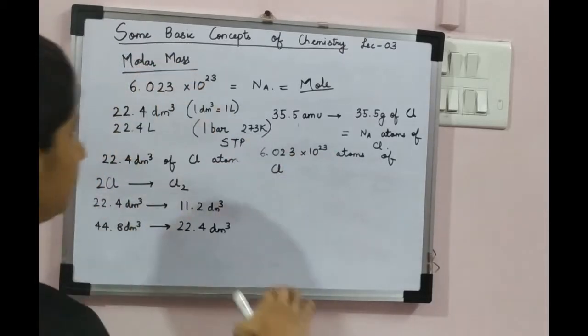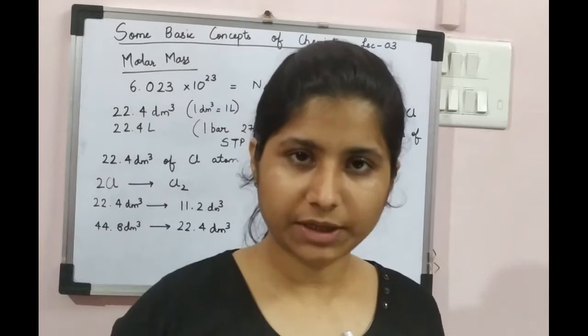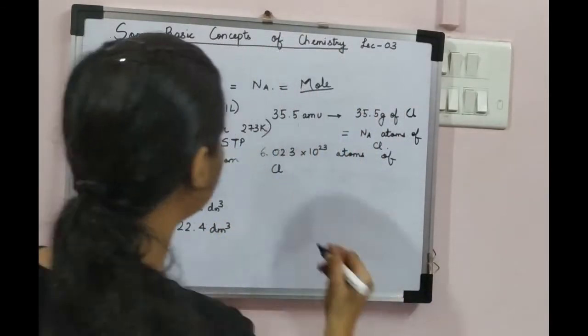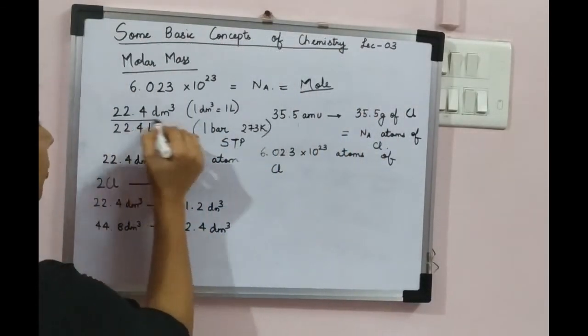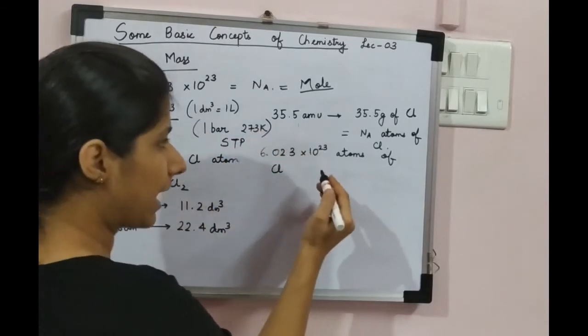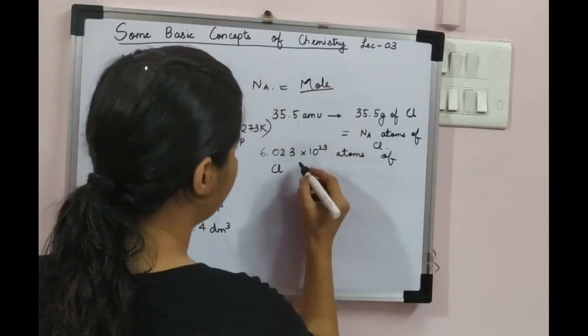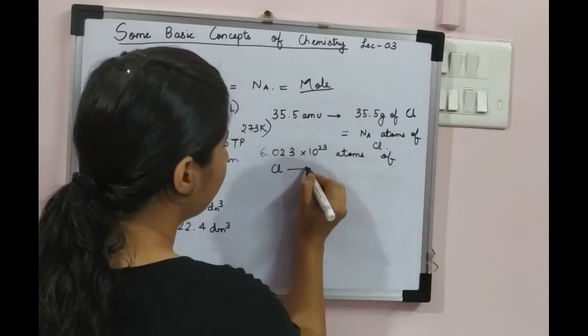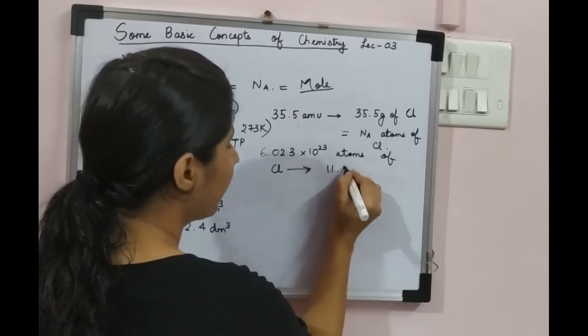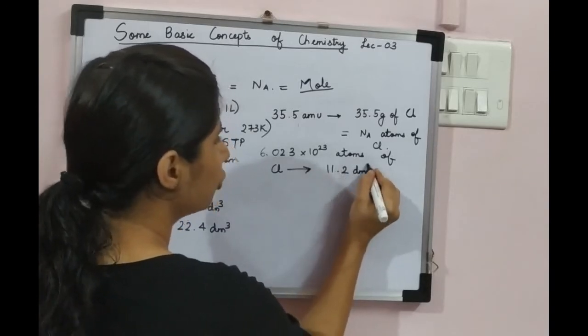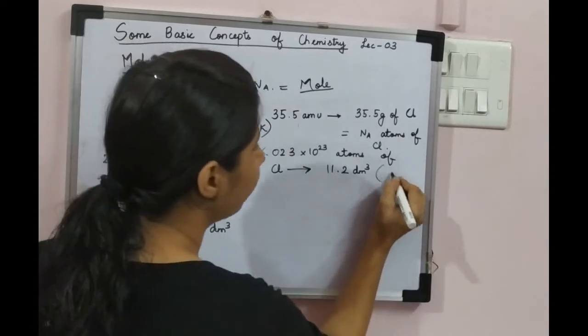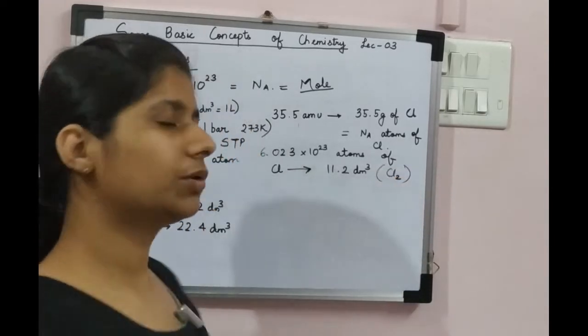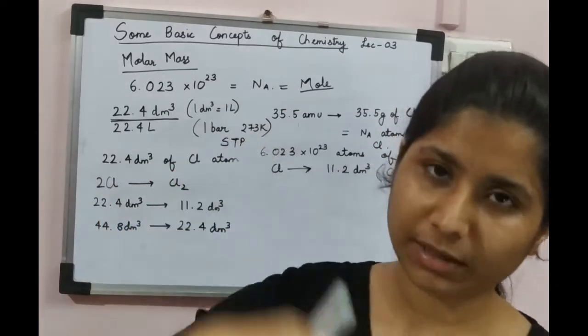This much atoms of any gas, if they do not react, would have a volume of 22.4 decimeter cube. But since I know chlorine reacts and the volume reduces to half, this much atoms of chlorine will occupy 11.2 decimeter cube. Why? Because they are forming Cl2, and for Cl2 the volume will ultimately reduce.